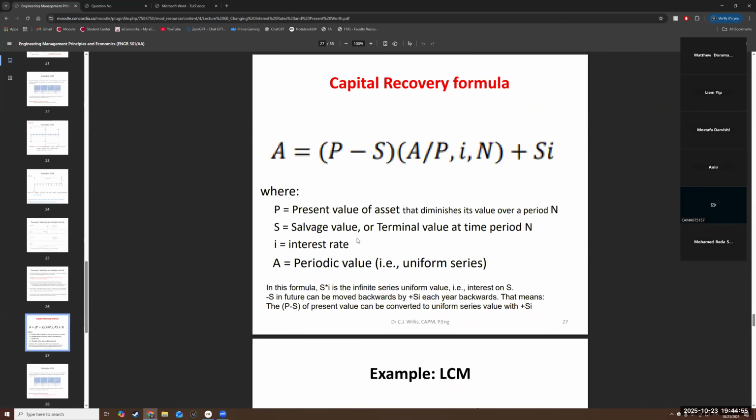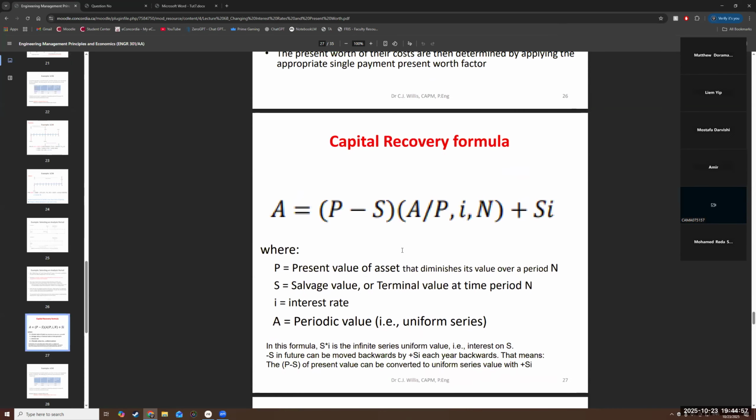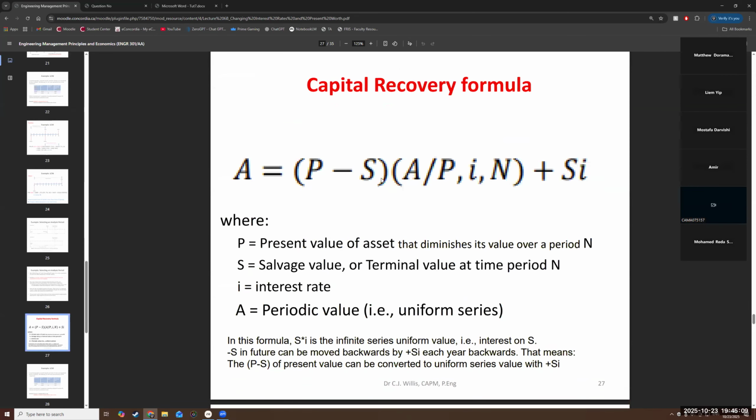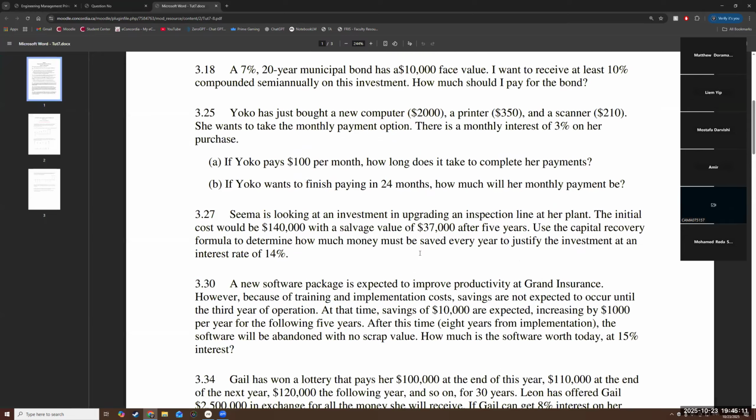This is the capital recovery formula. It appears it is not given in your formula sheet, so you may need to know this one by heart. Okay, back to the question.